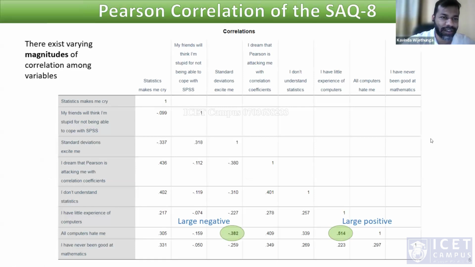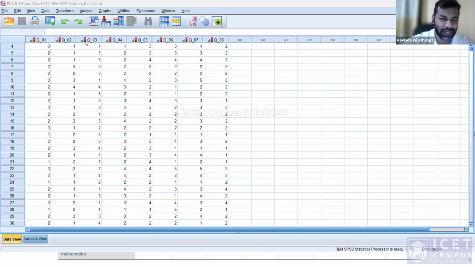So we can go to Analyze, Correlate, then Bivariate. Then we can select all of these items and send them to the variables box, right?